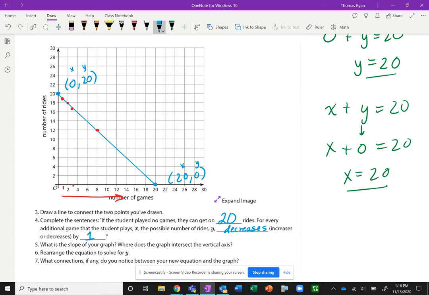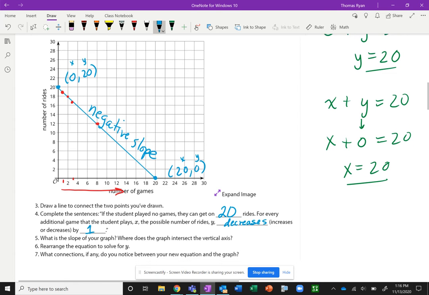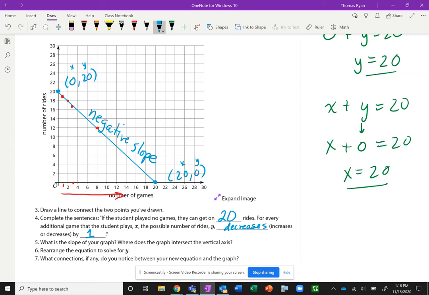Guys, when you read a graph left to right, if it goes down, this has negative slope. Think about it: reading a book left to right, you're kind of sliding down the hill. So naturally the slope, which is just how steep the line is, is negative. It asks, what is the slope of your graph? Well, remember that slope is, as you go over, how much do you have to go down?